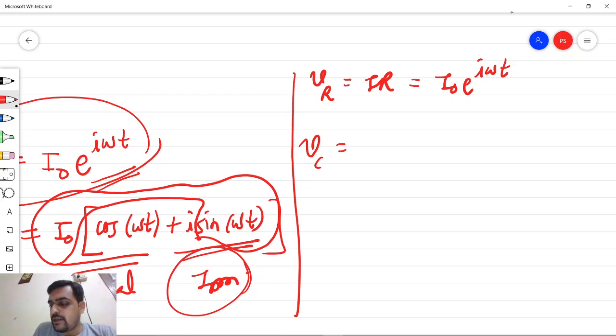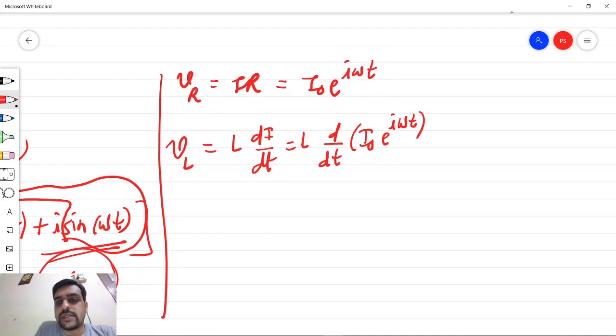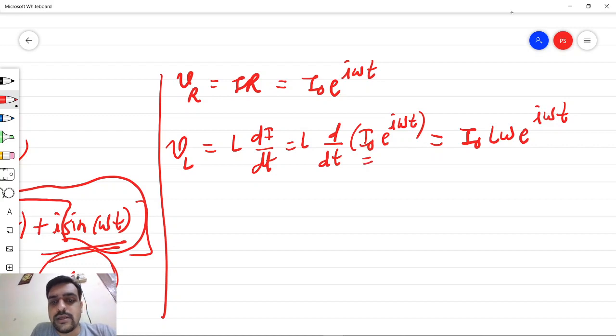We see VL equal to L di by dt. So it is L into d by dt of I0 e raised to i omega t, which is equal to I0 L omega e raised to i omega t, because I0 is constant, so it is as it is. E raised to i omega t differentiated gives us e raised to i omega t into omega.